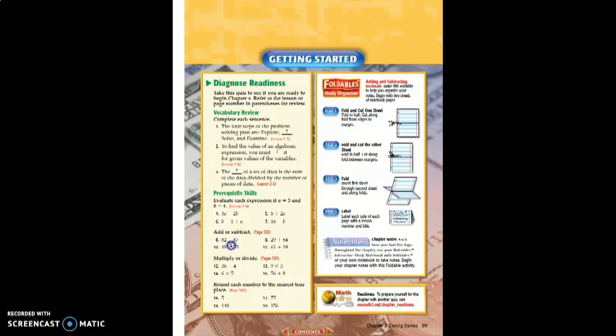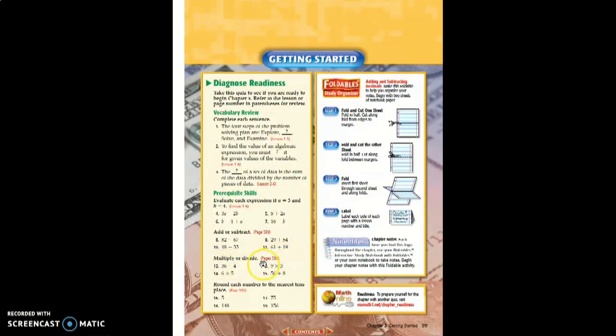Add or subtract. 82 minus 67. 29 plus 54. 48 minus 33. 61 plus 19.